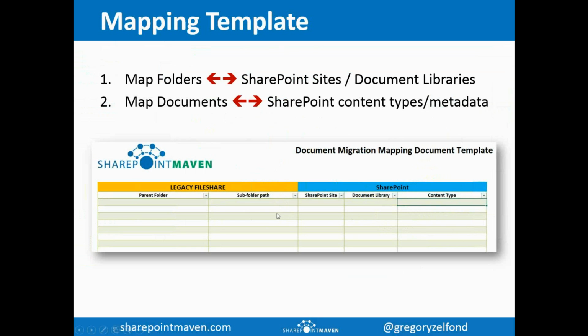If you're just doing a manual migration, you can use Excel to organize your file shares and use different drop downs in Excel to map to the new sites, new libraries, metadata, etc. So you can be as fancy as you want, but you can be as simple as you want as well, just by using primitive tools like Word and Excel, and just really defining a map. Essentially, this is going to be your roadmap to whoever is going to physically move the file. That's all it is.